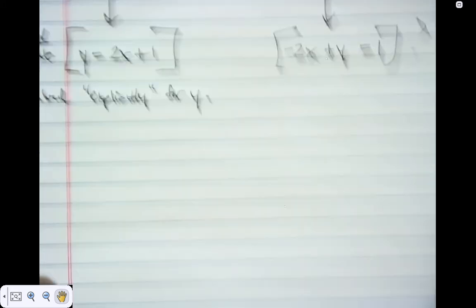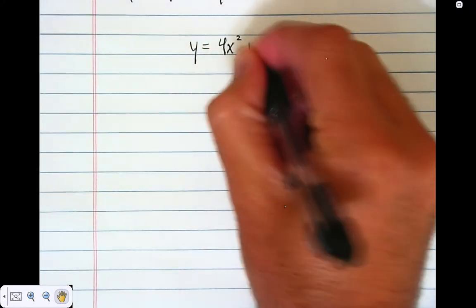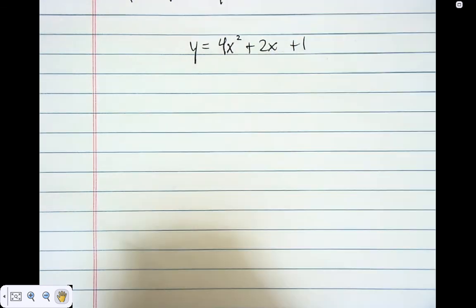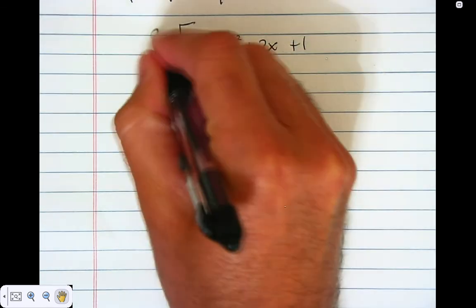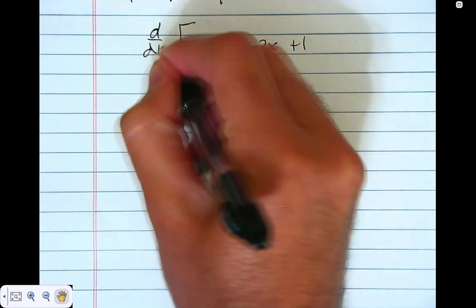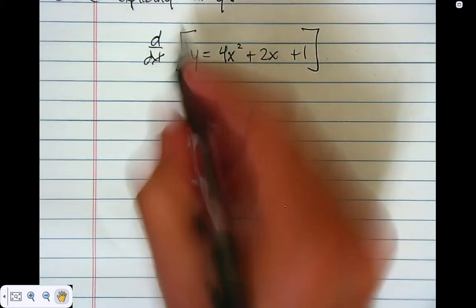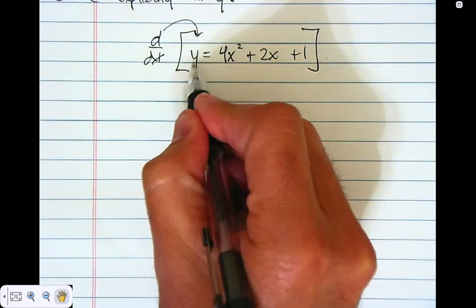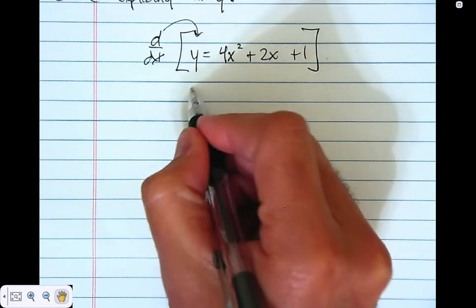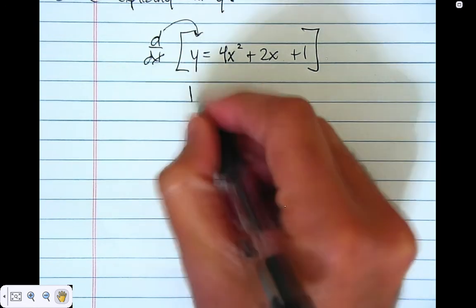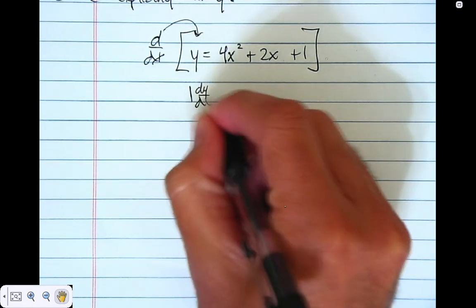But let me explain to you that you guys have already been doing this. If I gave you y equals 4x squared plus 2x plus 1, let's take the derivative with respect to x of this whole thing. Let's take the derivative of y with respect to x. Well, we get 1, and then y doesn't match x, so we write dy dx.